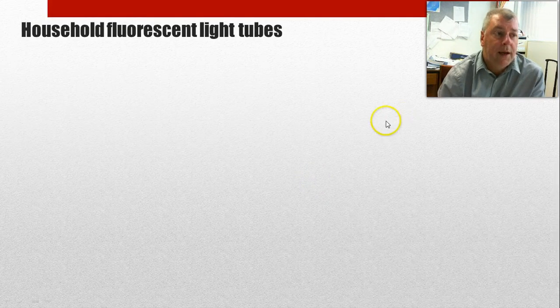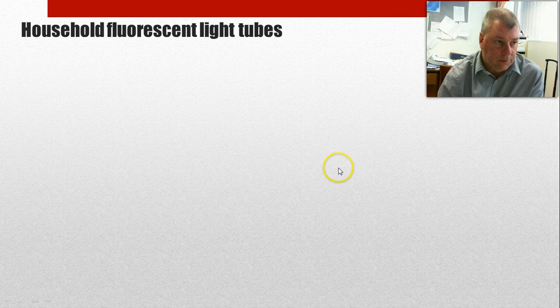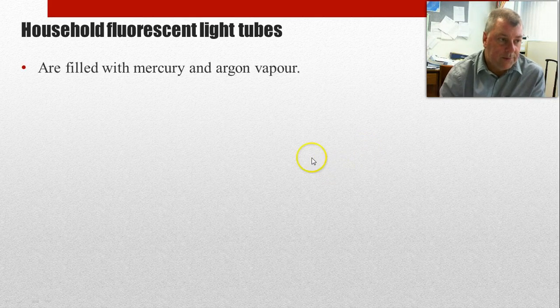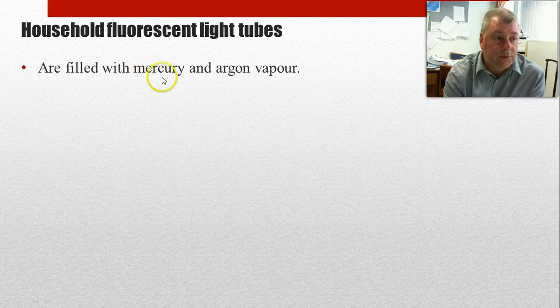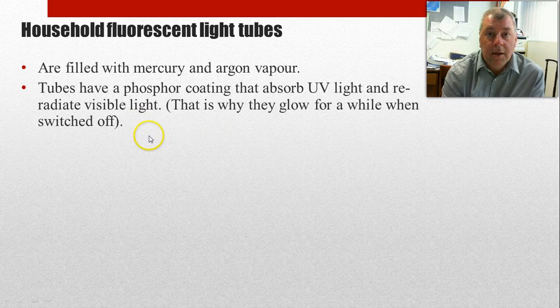Now, how do household fluorescent lights work? This is particularly important because now we're replacing all the incandescent globes with fluorescent bulbs. So how do they work? Well, most of them are filled with a mixture of mercury and argon vapor, and basically they're a gas discharge tube filled with the mercury and argon vapor, but that would be a really harsh light if we just relied on those.